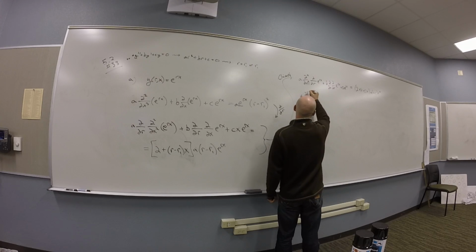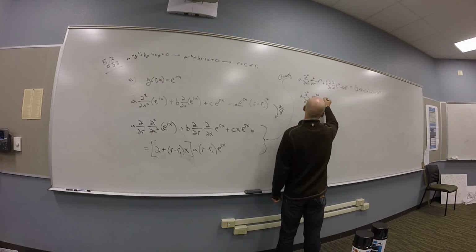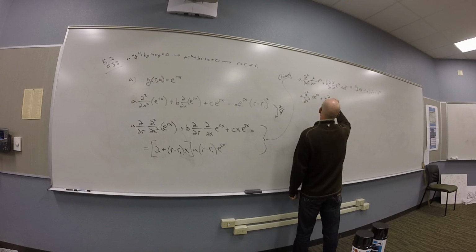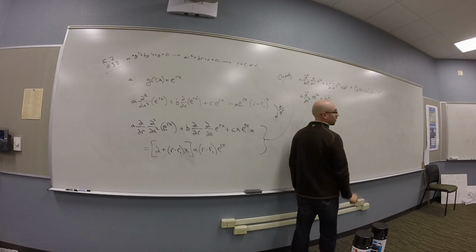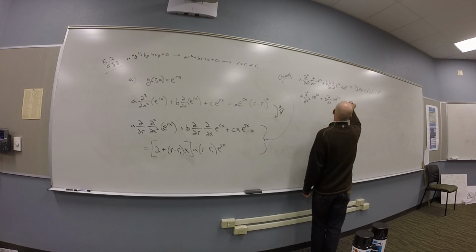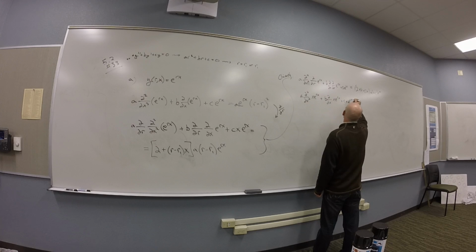Perfect. So I need to take two x partials of x e to the rx, and add b and take one x partial of the same thing, x e to the rx, and add that to cx e to the rx.